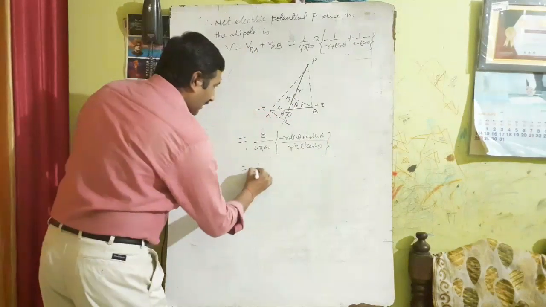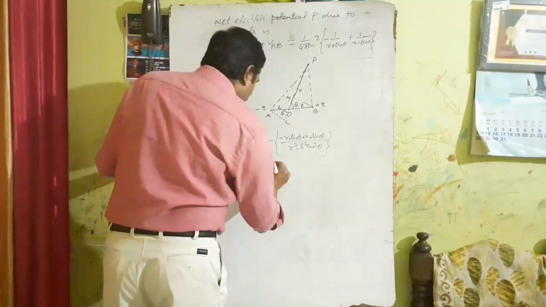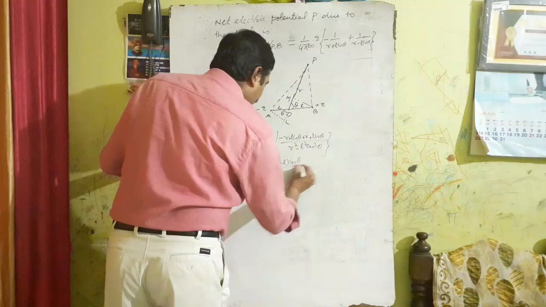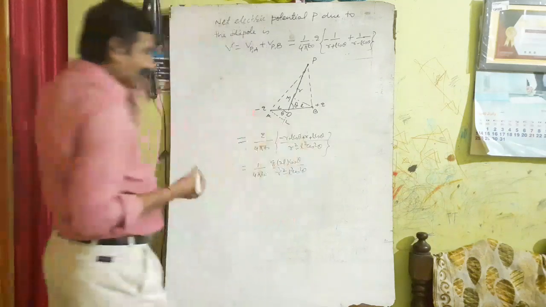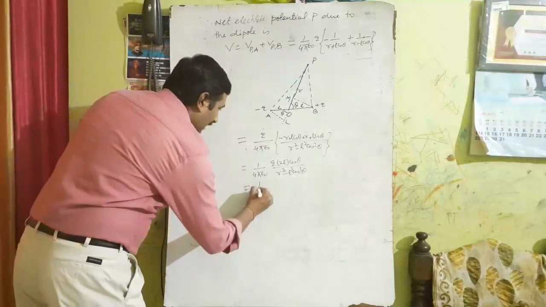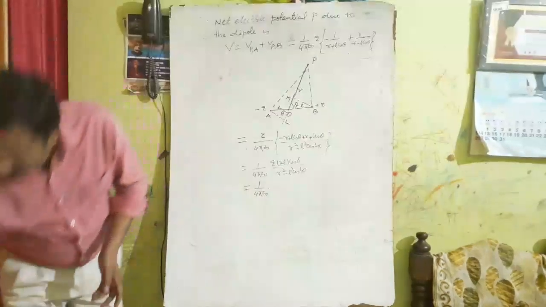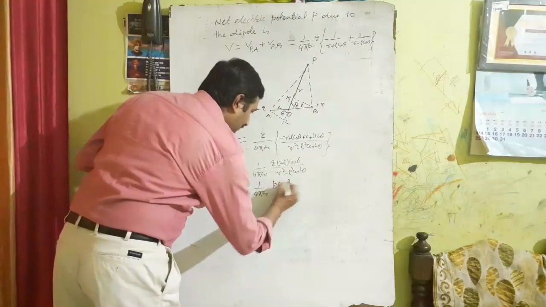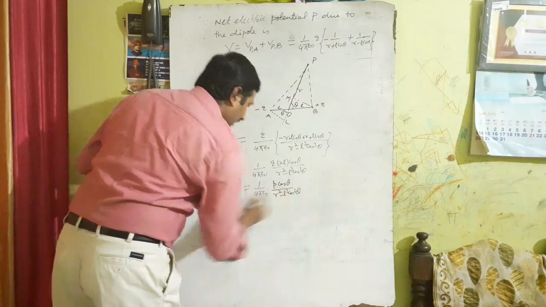You see R and R will cancel out. It can be Q into 2L cos theta by R squared minus L squared cos square theta. It can be written as 1 by 4 pi epsilon naught, Q into 2L is p. So this is p cos theta by R squared minus L squared cos square theta.